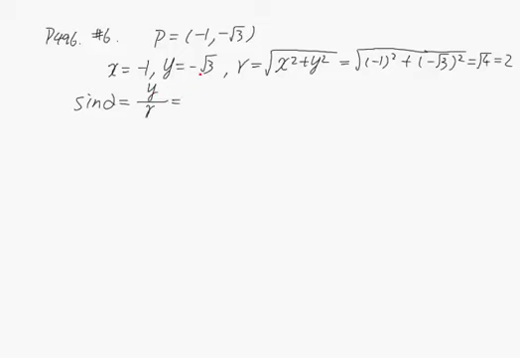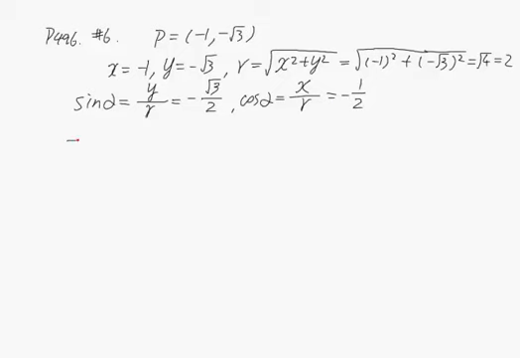Then by that theorem, sine alpha is equal to y over r. So y is equal to negative root of 3, and r is equal to 2. So we get negative root of 3 over 2. And cosine alpha is equal to x over r, and x is equal to negative 1, so you get negative 1/2.